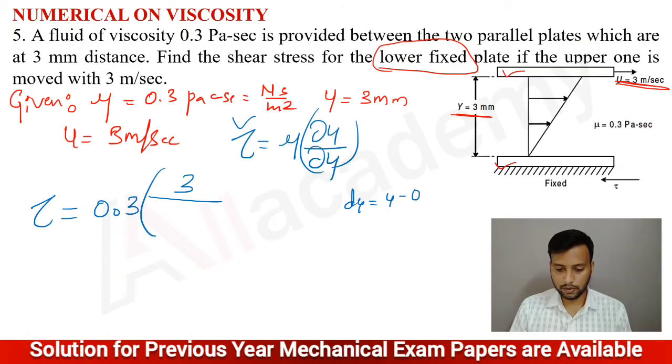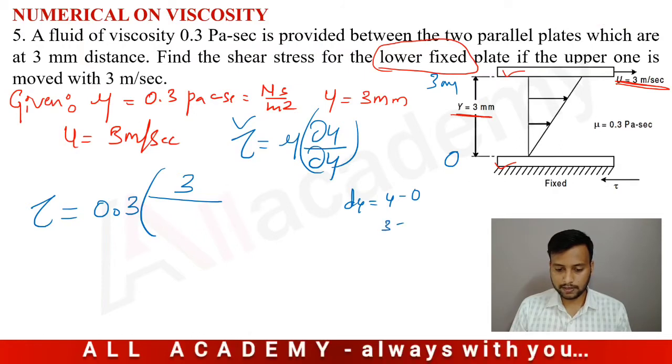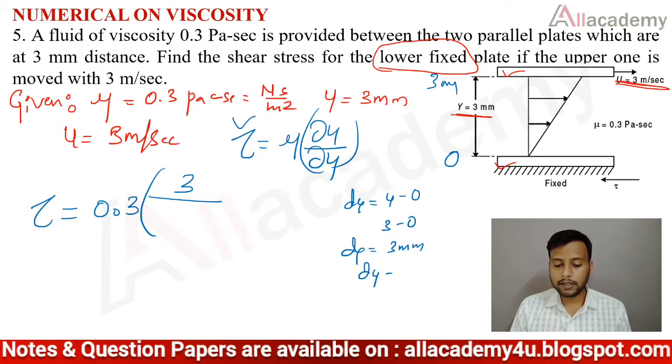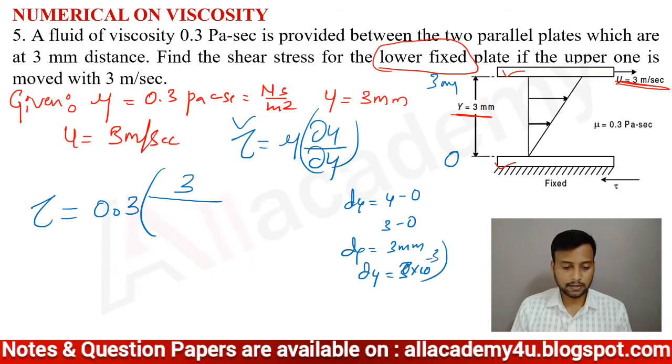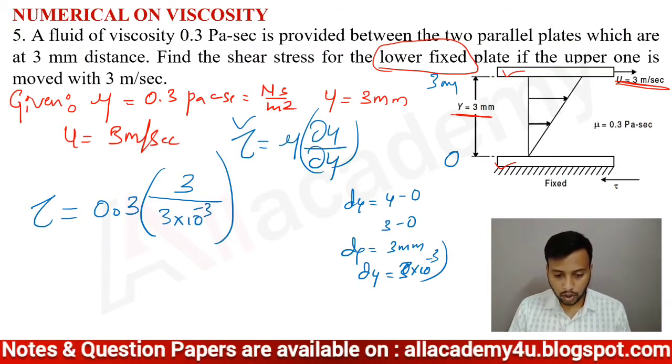This is at 0 and this is at 3 mm. So 3 minus 0, dy will be 3 mm. If I convert that dy into meters, it will be 3 into 10 raised to minus 3. Hope you got why I have taken directly 3.